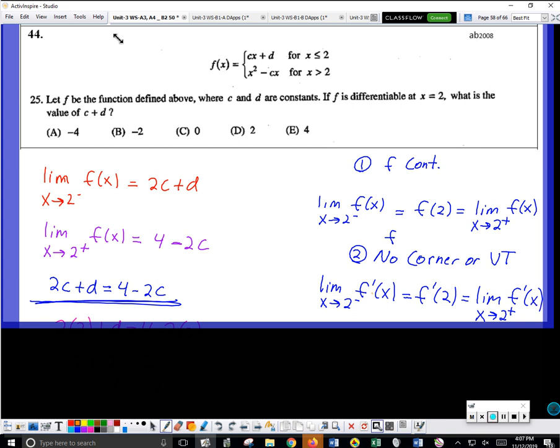This just says F, whatever F happens to look like, F's just split at x equal 2. That's where F kind of splits. And there's one formula over here for all the points on F, and a different formula over here for all the points on F. It's nothing special, that's all it is.